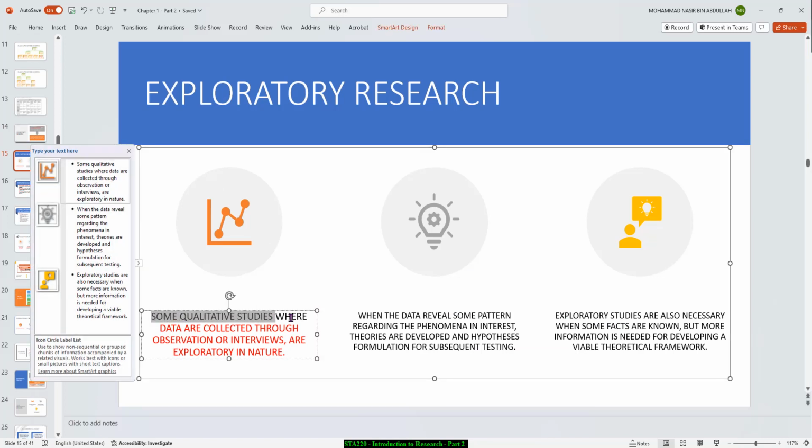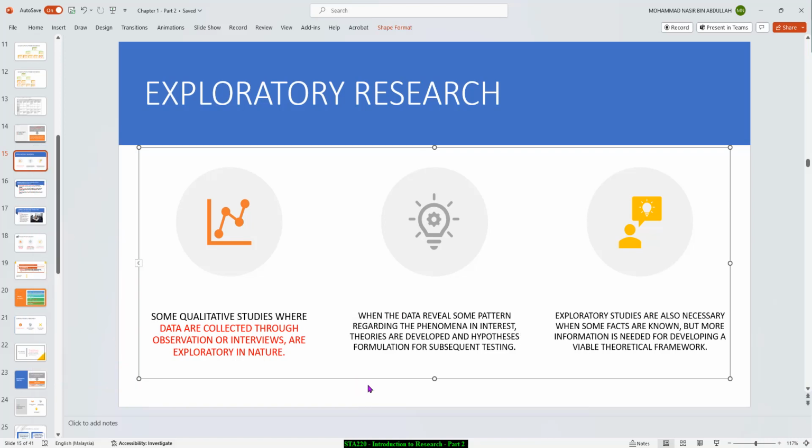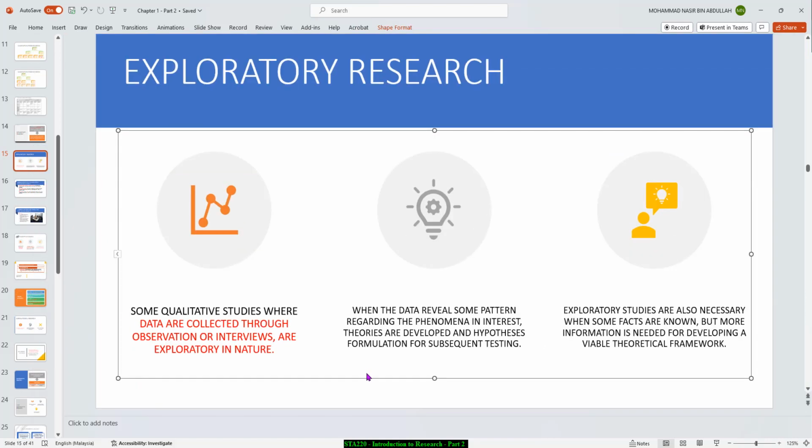So some qualitative studies where the data collected through observation or interview are exploratory in nature. So when you do qualitative research pun dia kira sebagai exploratory jugalah. When data reveals some pattern regarding the phenomena of interest, theory is developed and hypotheses are formulated based on the findings from the research.